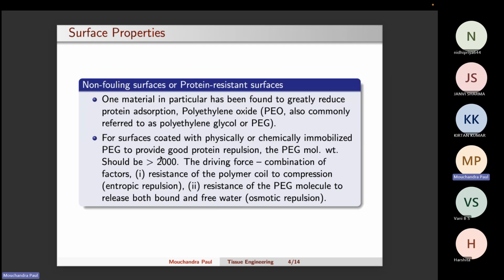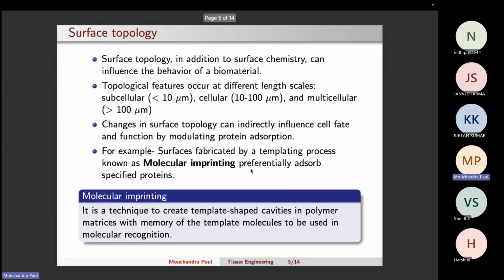Also, these PEG molecules strongly bind water molecules. So if the water molecules are not released, then protein adsorption won't happen. All right. So for making any surface non-fouling, you can simply use PEG, polyethylene glycol, to coat it.